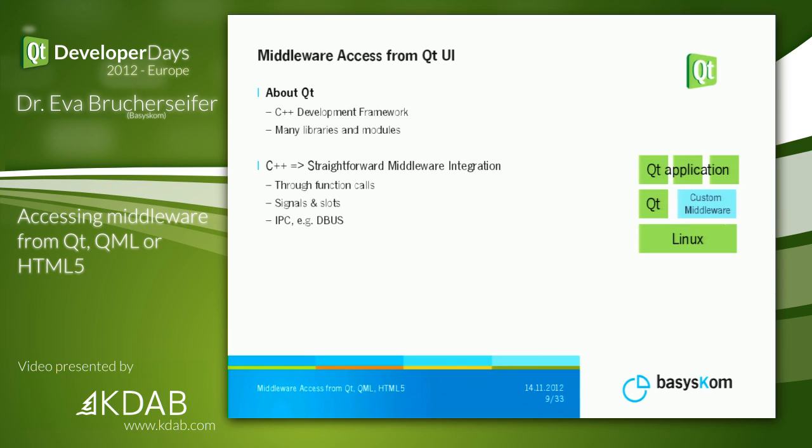The connection to the middleware is done through function calls. You can use signals and slots, of course. You can use the complete Qt meta-object system. If you like, you can also implement a daemon and connect to the daemon via IPC, for example, dbus.